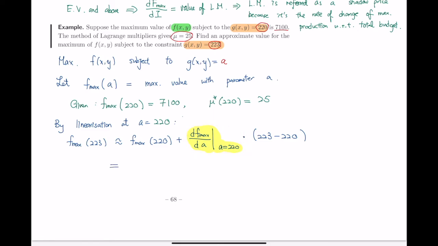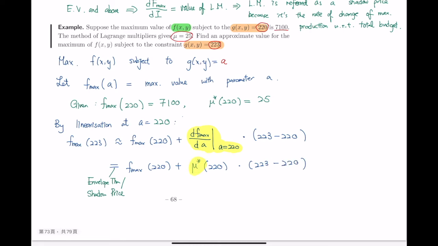So by the envelope theorem, or let me say simply the shadow price theorem, this derivative of F* at 220 is really given by just the Lagrange multiplier, but at what? When a is 220.